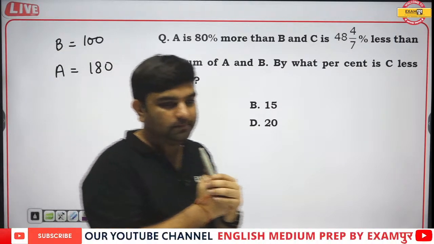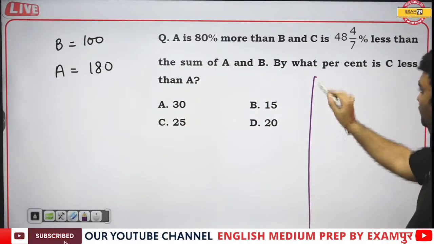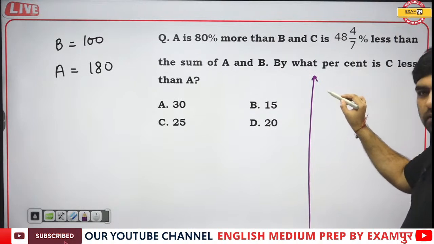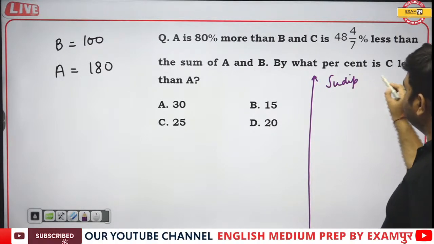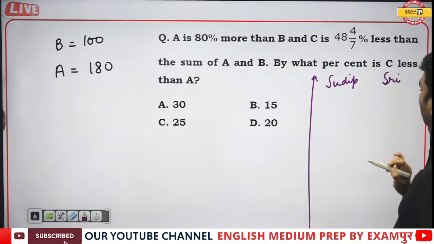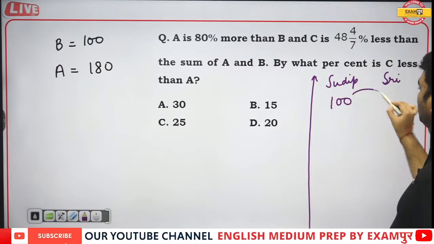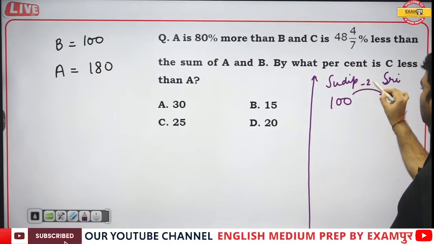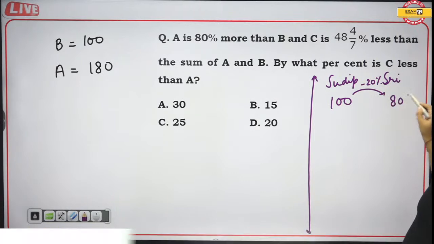If I say, this is Sudeep and this is Shrivani, that Sudeep has 100 rupees and Shri has 20% less. Shri has 20% less, means Shri has 80%.